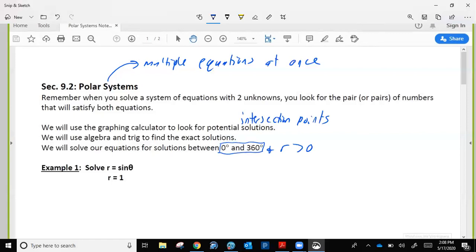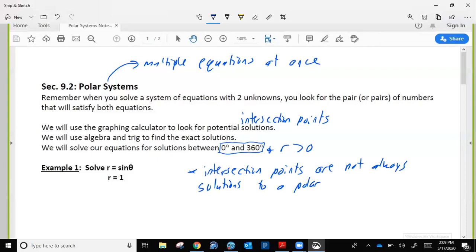The last thing to say is that intersection points are not always solutions to a polar system. That differs from your traditional rectangular systems, where the intersection points were solutions to a system.